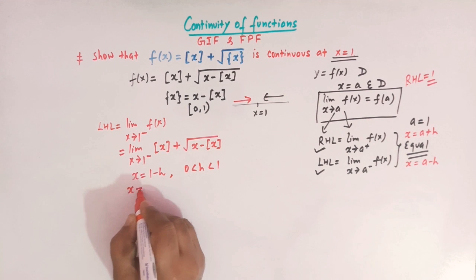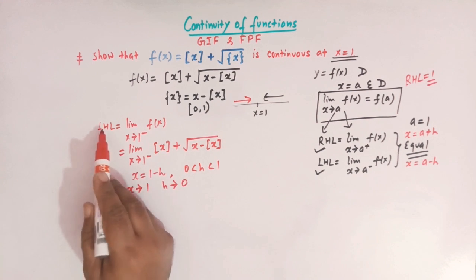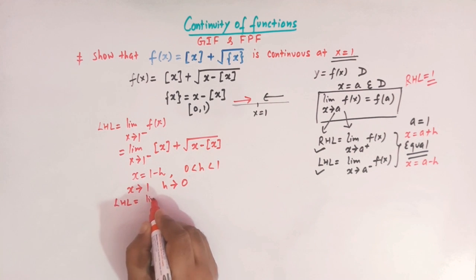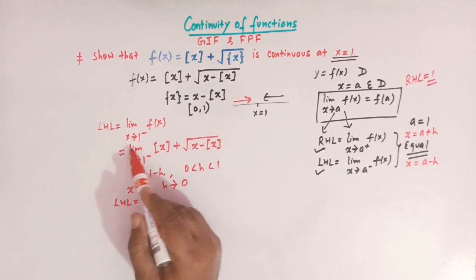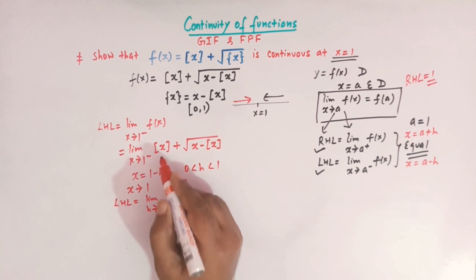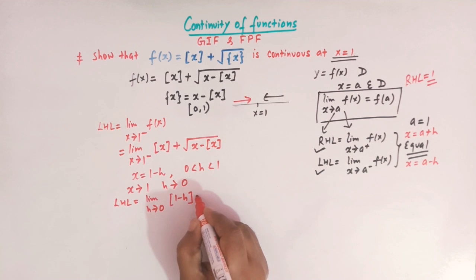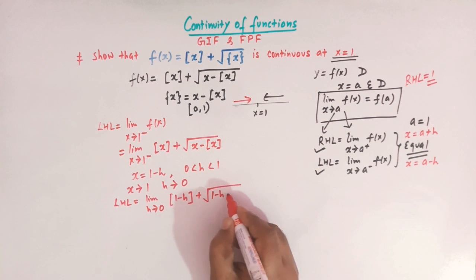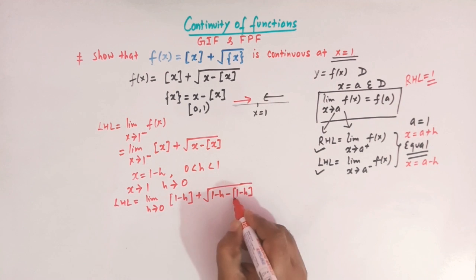So when x tends to 1, obviously h tends to 0. So now the left hand limit is equal to limit h tends to 0. Now we can transform this limit in terms of h. So we have here 1 minus h for x, and then here we have square root of 1 minus h minus and 1 minus h, right?